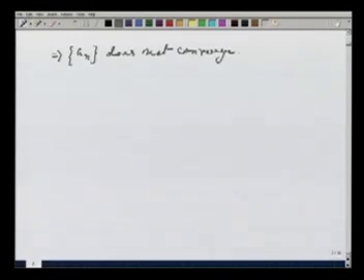That implies that the sequence a_n does not converge to 0. This implies summation a_n does not converge.